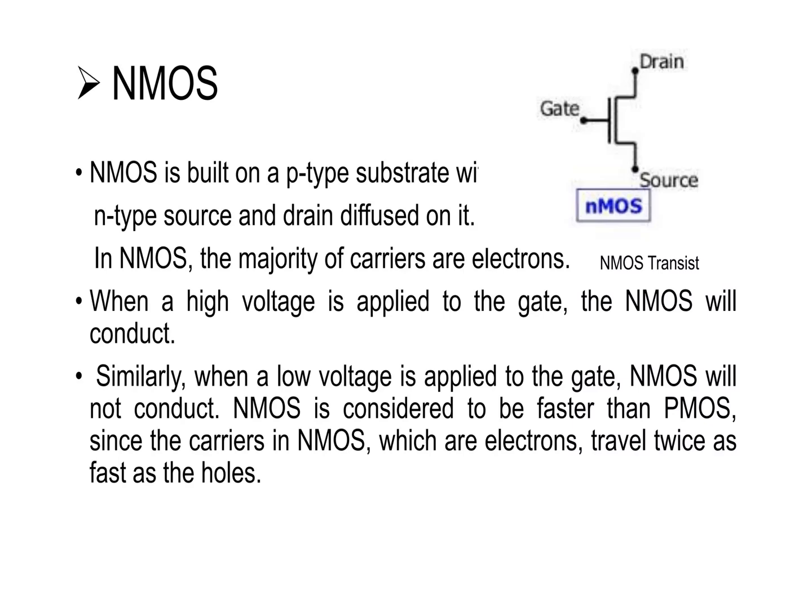Similarly, when a low voltage is applied at the gate, PMOS will be switched on. So PMOS will be switched on when the input is 0, and switched off when the input is 1. NMOS is also considered to be faster than PMOS because electrons have much higher mobility than holes.